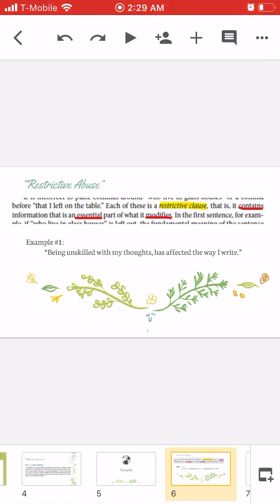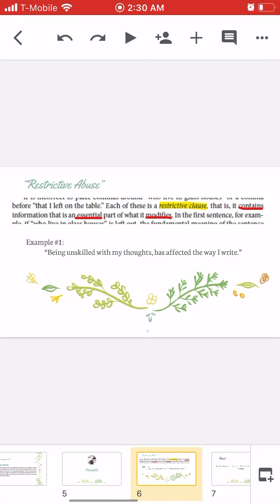So the way I fixed this was by actually restructuring the whole sentence and trying to explain in a more explicit form how and why my writing is being affected through the inability of creating my own thoughts as I read a text.